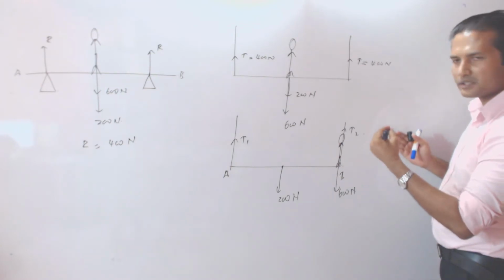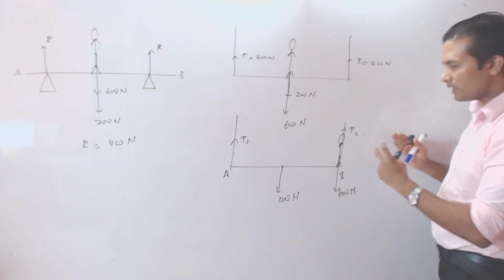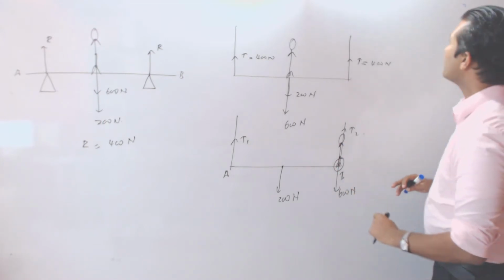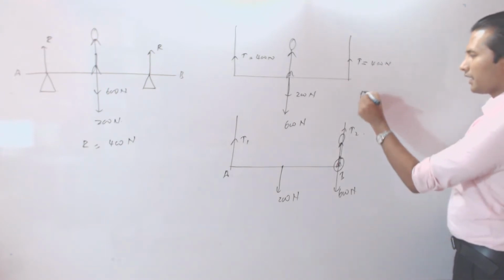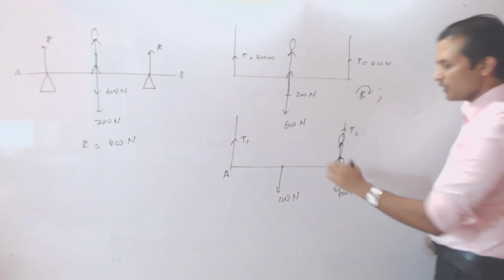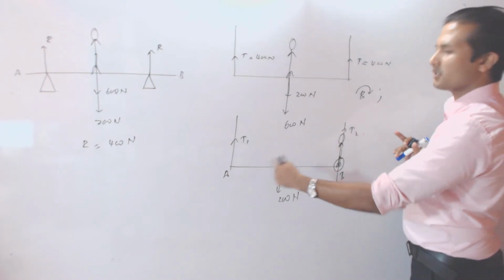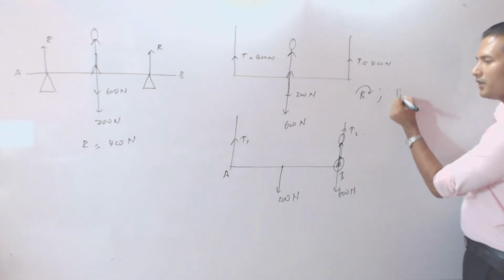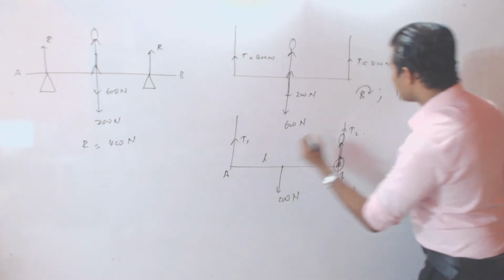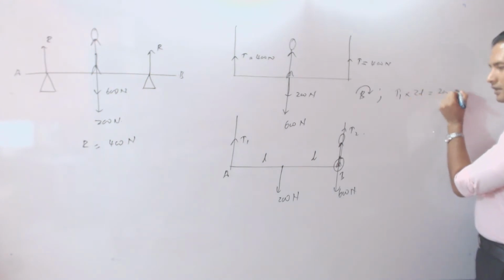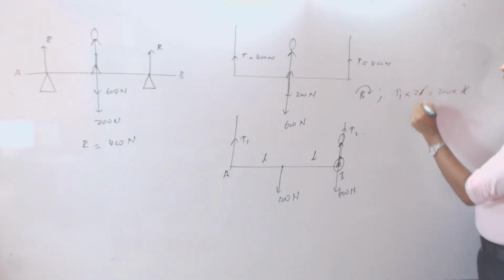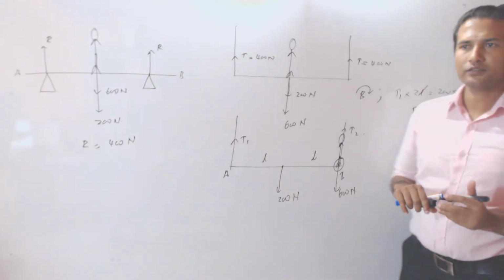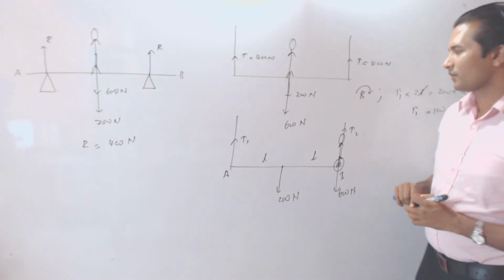Since the system is still in equilibrium, you can take moments around point B. There is an anti-clockwise moment and a clockwise moment. T1 should be multiplied by 2L, while 200 should be multiplied by L. So T1 equals 100.